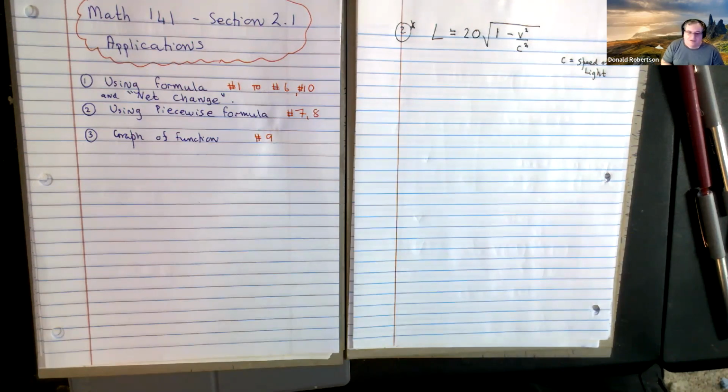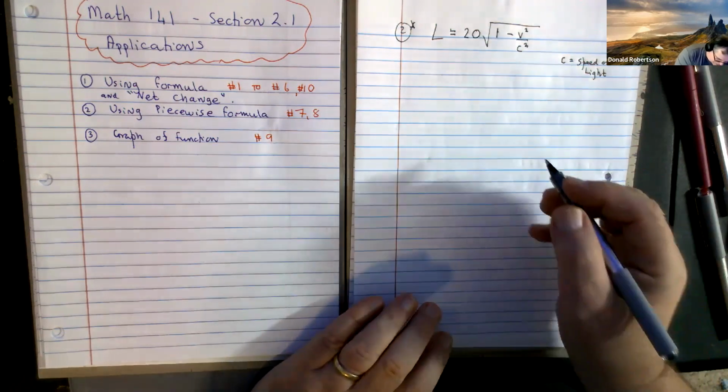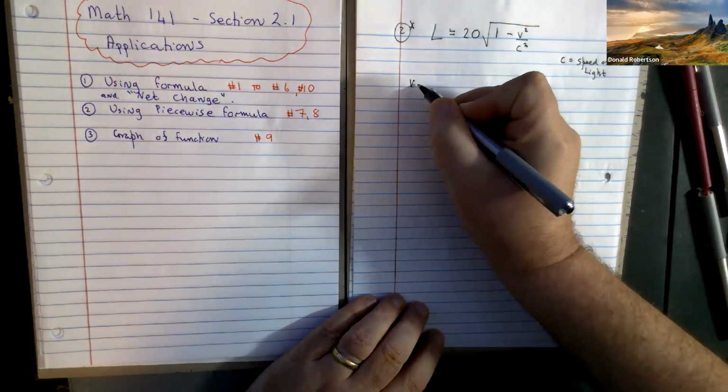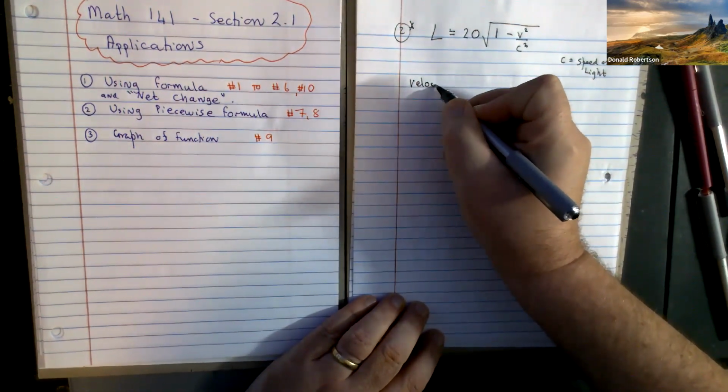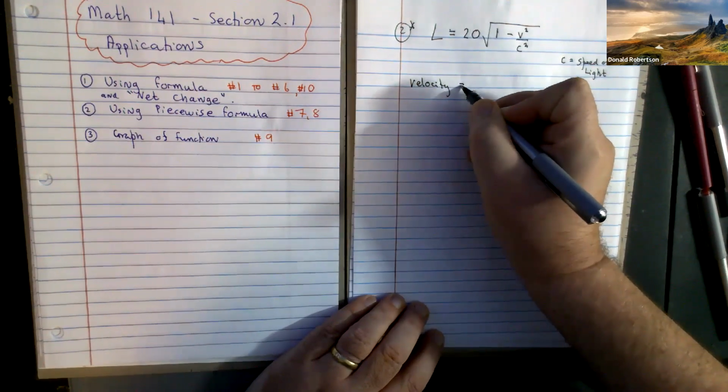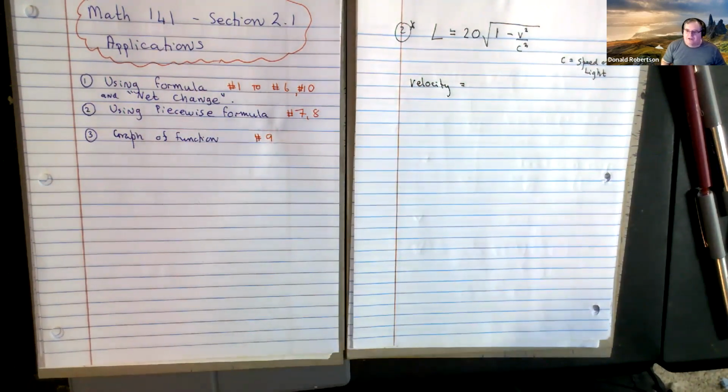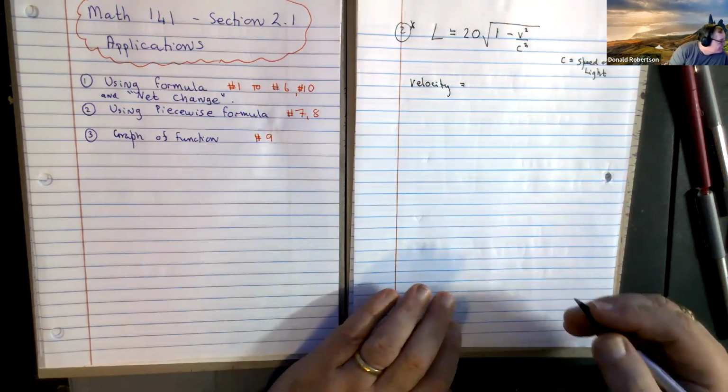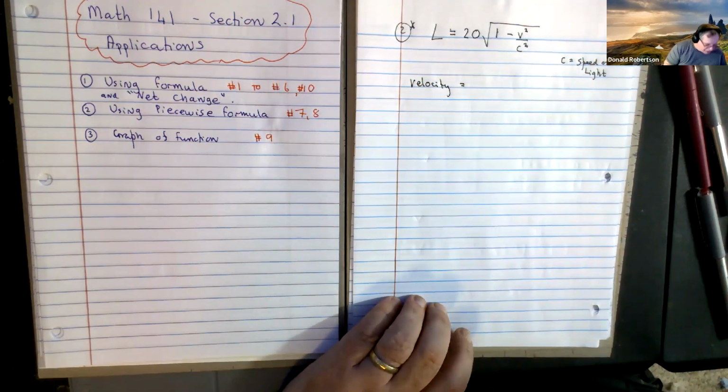That is fast. But we do not really need to know that, because the velocities that they're going to give us in these questions are not going to be hard numbers like 200,000 kilometers an hour.